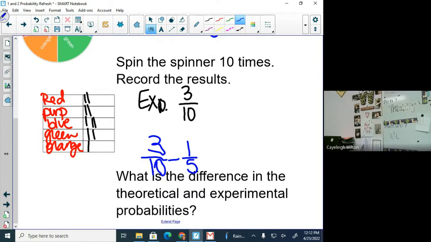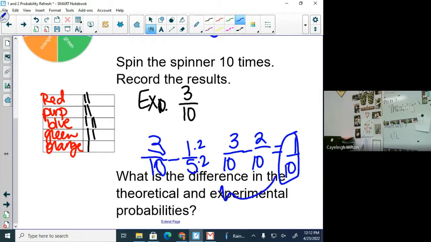One of them's already a 10. So I'm going to multiply this 5 by what? 2. So that's going to be 3 tenths minus 1 times 2. That's 2 tenths. So 3 tenths minus 2 tenths is 1 tenth. So the difference between the two is 1 tenth.